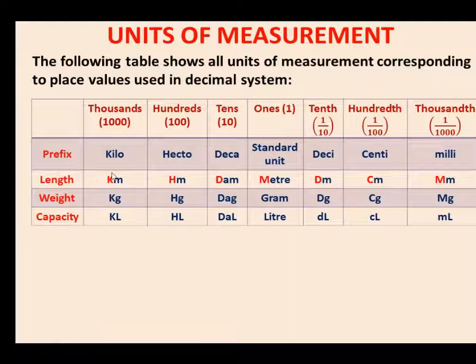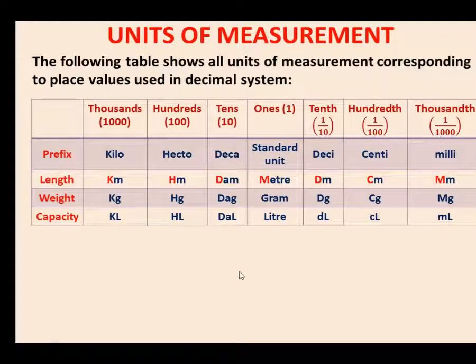And for liters we use kiloliter, hectoliter, decaliter, liter, deciliter, centiliter, milliliter and so on. After the standard unit, we put the decimal numbers, so accordingly deci will be one-tenth, centi will be one-hundredth and milli will be one-thousandth.